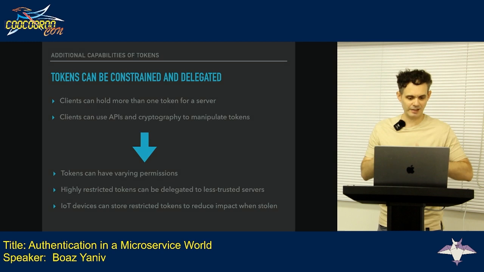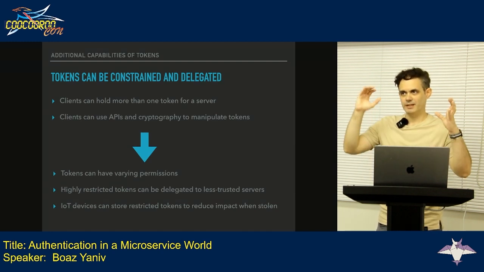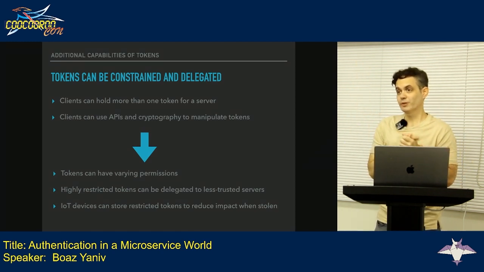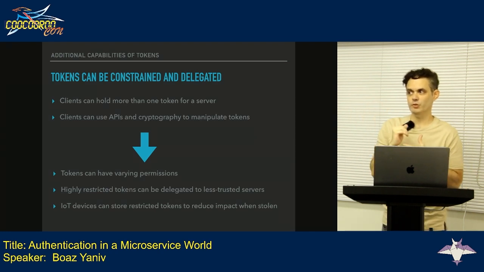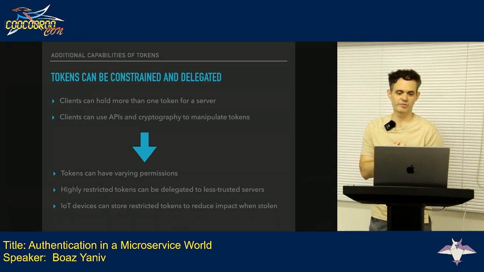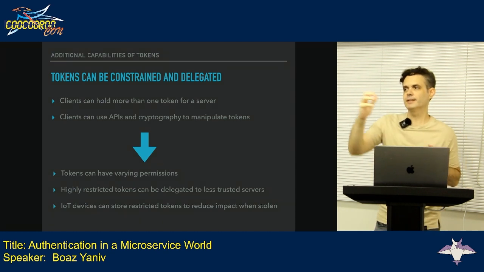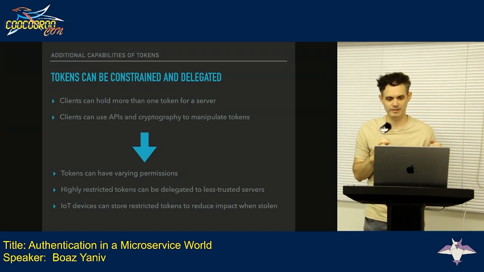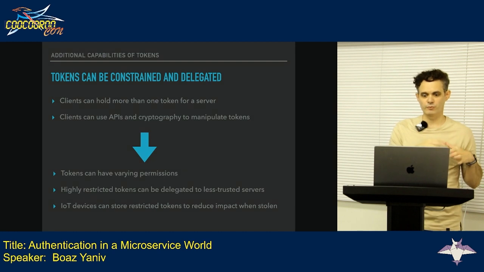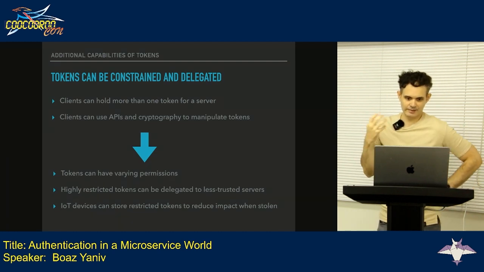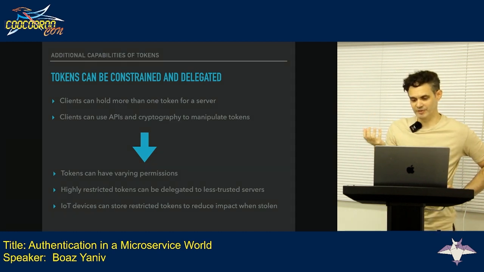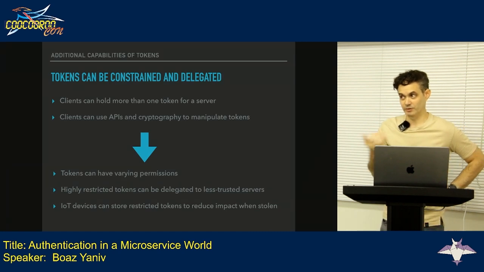You can put extra constraints on the token. For instance, this token is limited only for these usages, only for these scopes, only for these resources. And then you can delegate that to another service, and that service will have restricted access. This is a very powerful mechanism that allows us to implement the principle of least privilege.